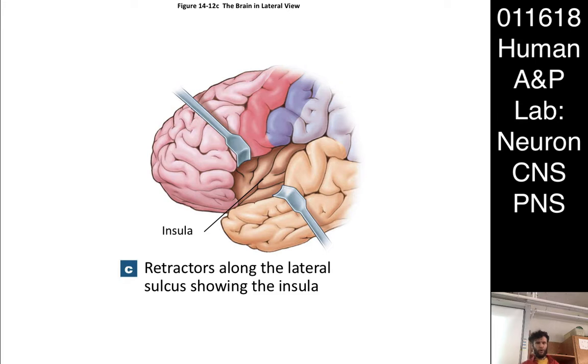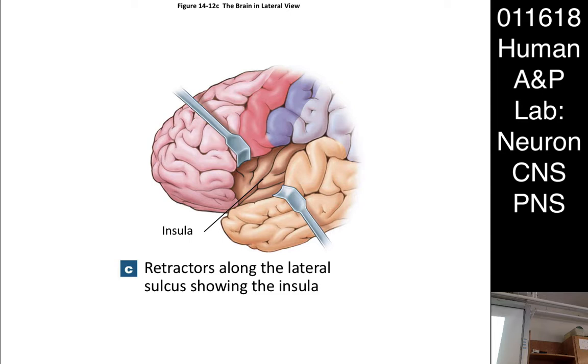If you were to retract the temporal and frontal lobes and look, there is more of the same under there, this hidden, surprise cortex called the insula of Reil, or just insula, as it's commonly called.